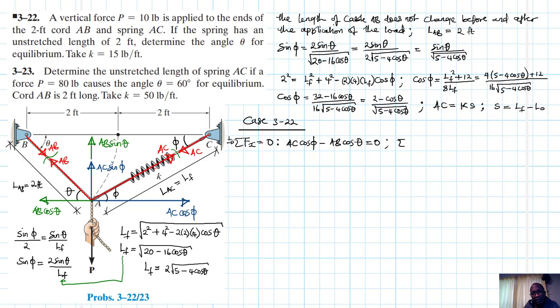Then we have summation of forces in the y equal to 0, going up being our reference.